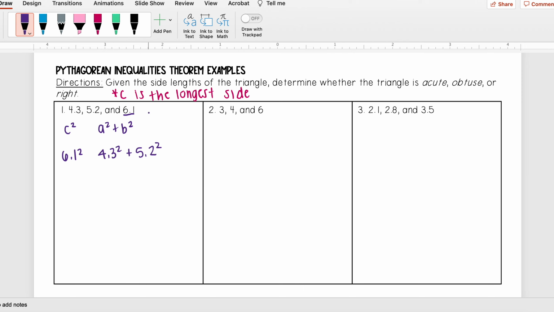Well, when I do 6.1 squared, I get 37.21. 4.3 squared, I get 18.49. And then 5.2 squared, I get 27.04.